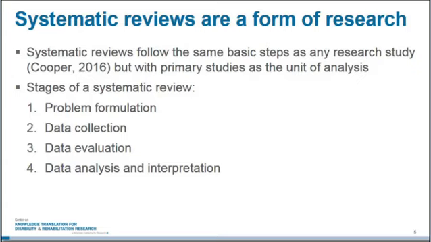So, for example, in a primary study, we all know what the basic steps are, but the same kinds of steps are used in a systematic review, where we start with developing our problem, collecting the data, evaluating that data, and then doing data analysis and interpretation. Systematic reviews, though, use primary studies as the unit of analysis rather than individuals.